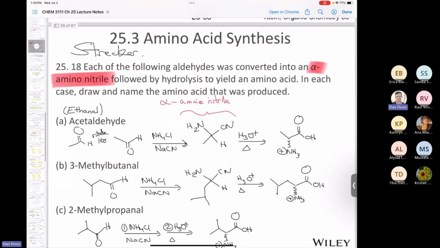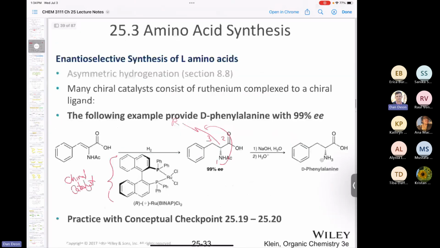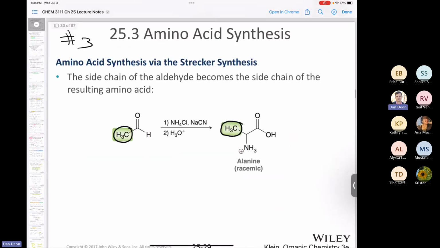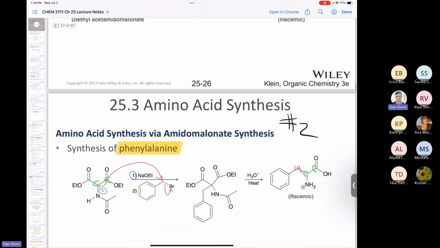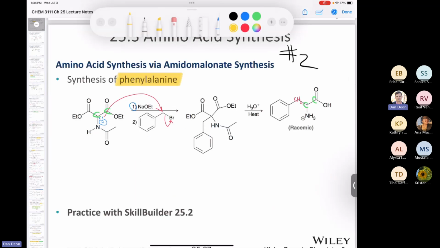Here, I guess. Yeah, when we looked at amino acid synthesis, we talked about the amidomalonate synthesis, which is right here. So you see the same thing occurring here. We have this portion here, which is the same thing as having, sorry, I'm using a yellow pen, a carbonyl and then a carboxyl group attached to it.